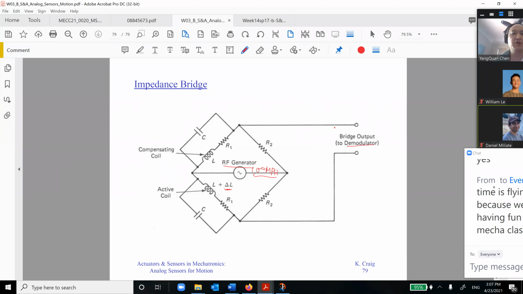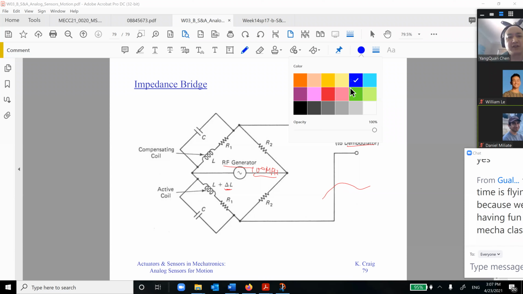You need to have a demodulator, meaning I remove those carrier frequencies, okay? Carrier frequencies. Then we can send this one to the demodulator to remove those carrier frequencies. So something like this. You have a signal, right?